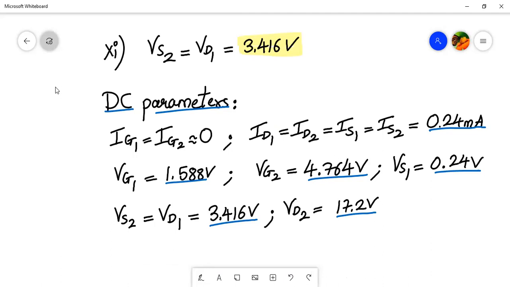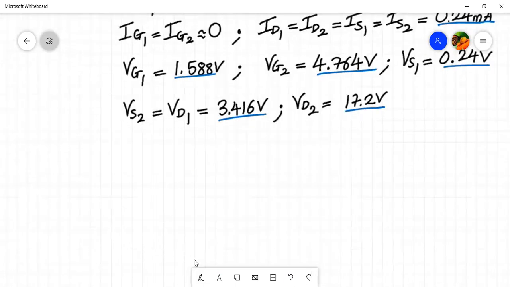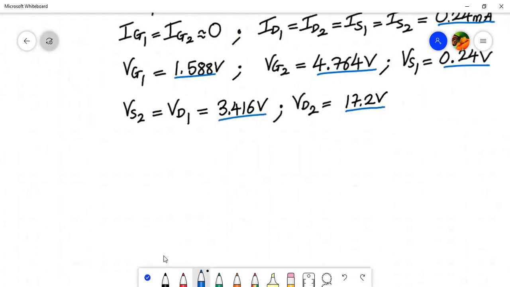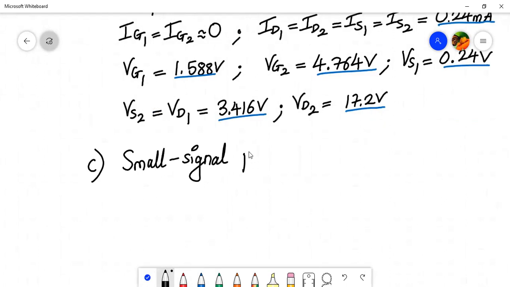Yeah. So next we will find the small signal parameters of the circuit. So let me add over here point number C, small signal parameters of the common source, common gate cascode amplifier. So we'll find these parameters one by one.